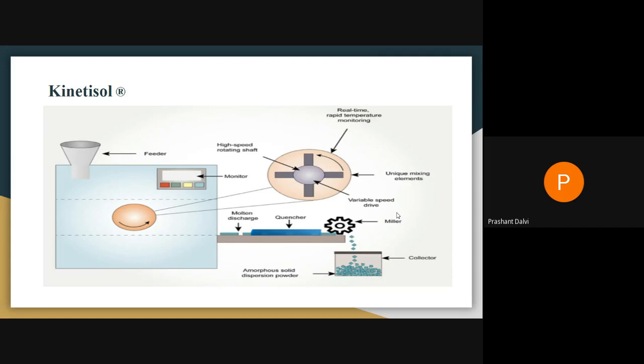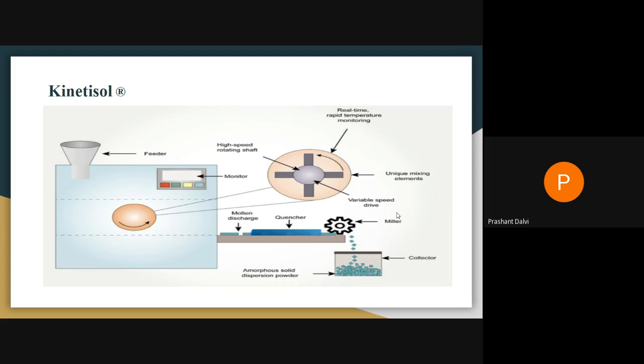Due to the high speed of this rotating shaft, the powder blend which is present here in the chamber gets heated and a molten mass forms. The temperature of that blend should be greater than the glass transition temperature and melting temperature of the drug molecules.